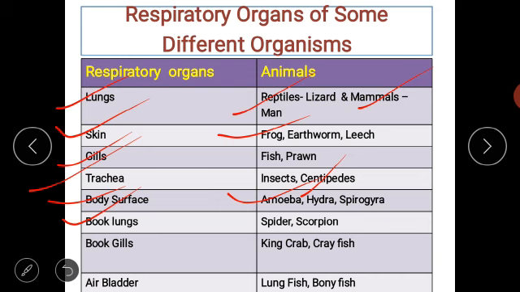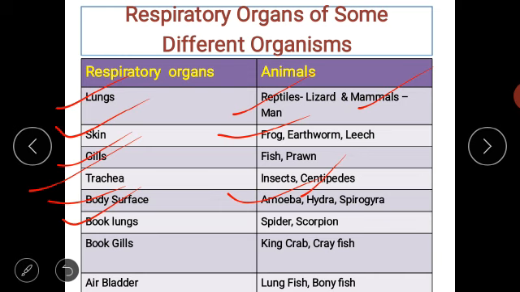Then book lungs. Book lungs are present in spider and scorpion, and a book lung is a poorly developed form of the lung.